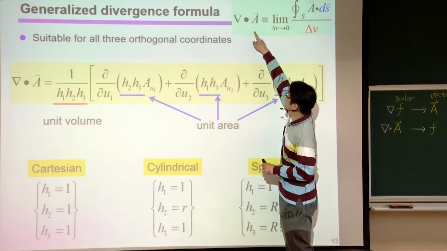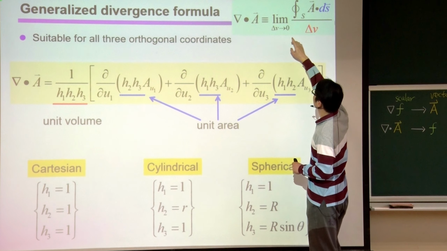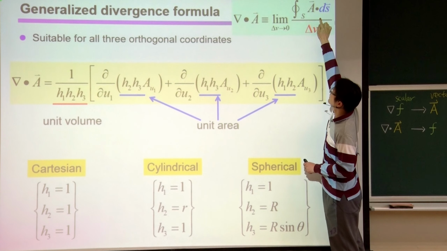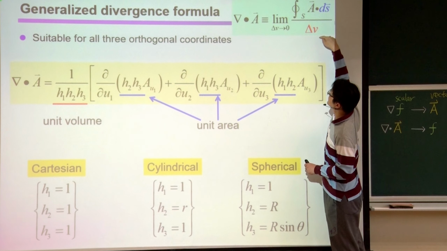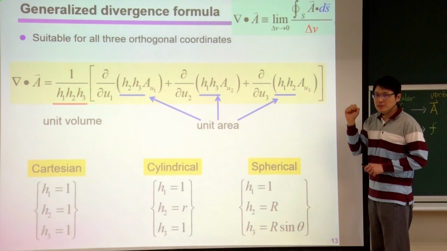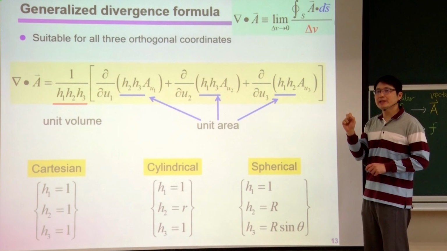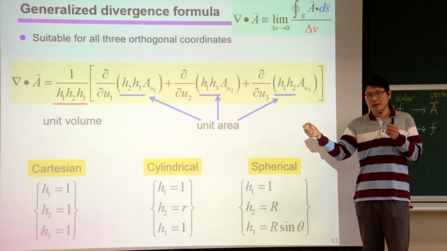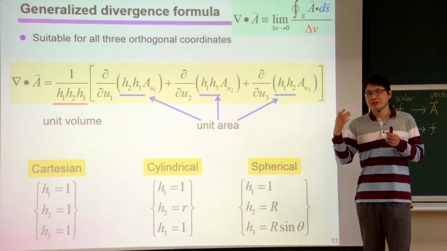Divergence of A, by definition, is trying to evaluate the total net outward flux over a small volume. So this is the point where you really have to relate and link to what I covered on Monday, differential surface.